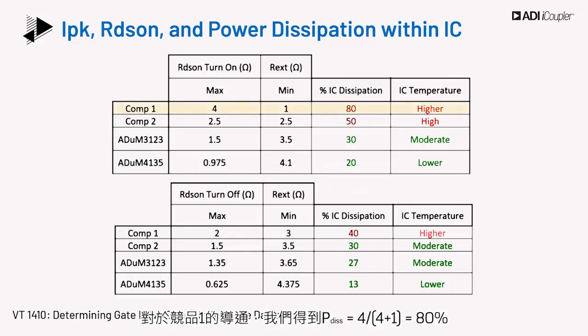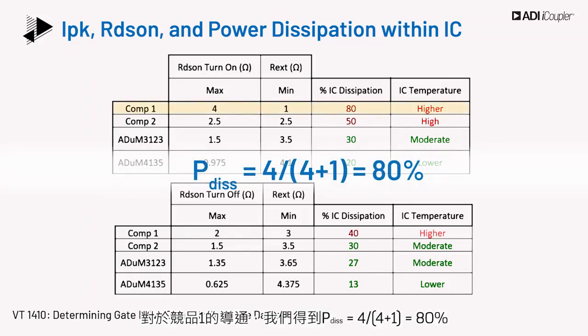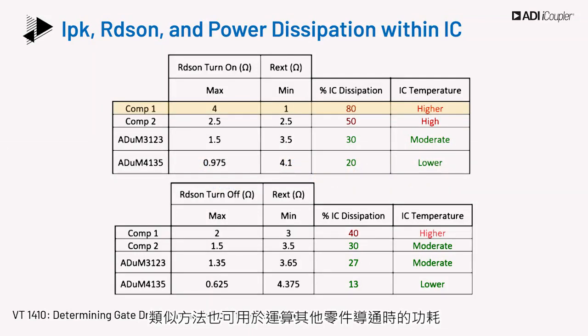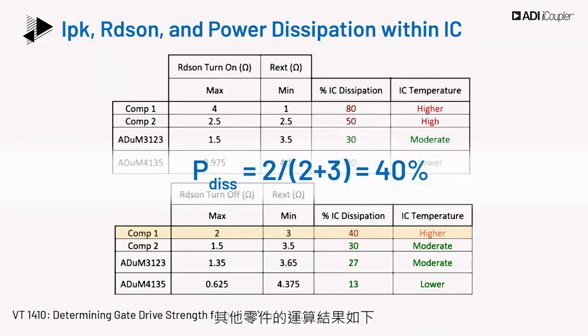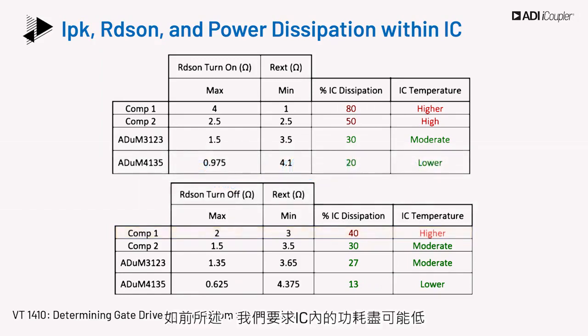For the turn-on case with competitor 1, we get P_dis equals 4 over 4 plus 1, equals 80%. Similar calculations can be made for the power dissipation during turn-on of other parts. For the turn-off case with competitor 1, we get P_dis equals 2 over 2 plus 3, equals 40%. Calculations for other parts follow. As stated before, the power dissipation within the IC needs to be as low as possible.